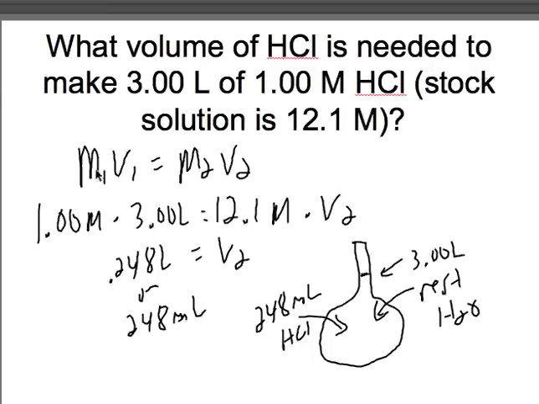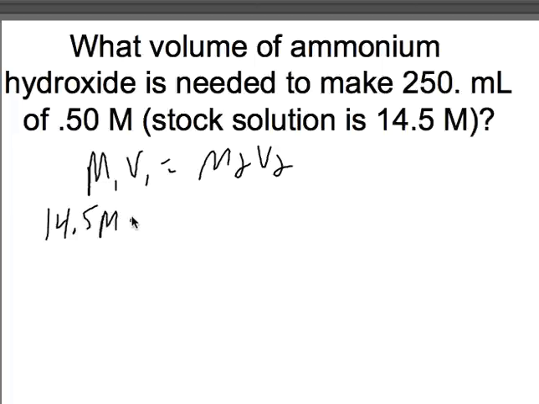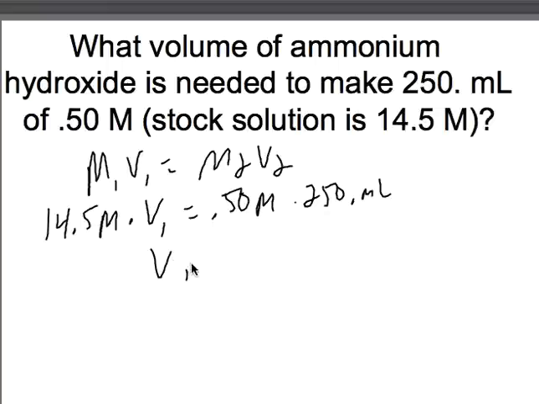So let's try one more like that. Again, we have M1V1 equals M2V2. I'm going to pick the left side this time to be the stock. Again, it does not matter which side you pick. And I'll see what my V1 would be in this case. I want 0.50 molar, and I want 250 milliliters of it. If I solve for V1, in this case, I'm going to get 8.62.